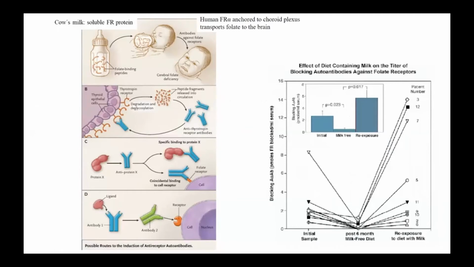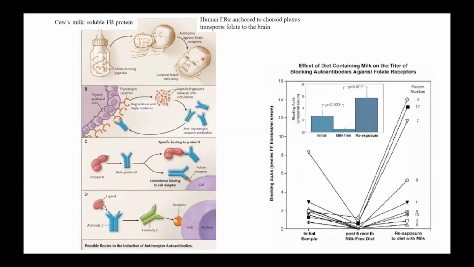On this picture, you see our hypothesis that the cow's milk soluble folate receptor protein and its peptides will sensitize the immune system in predisposed individuals, which will produce antibodies locally, and these will enter the circulation and bind to the folate receptor alpha antigen at the blood-brain barrier and could induce cerebral folate deficiency.